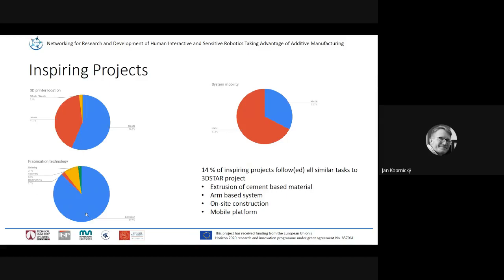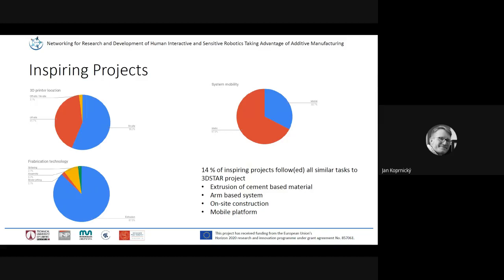The most used fabrication technology is extrusion. So cement-based or foam-based or mud extrusion is used mostly by these large-scale 3D printers.